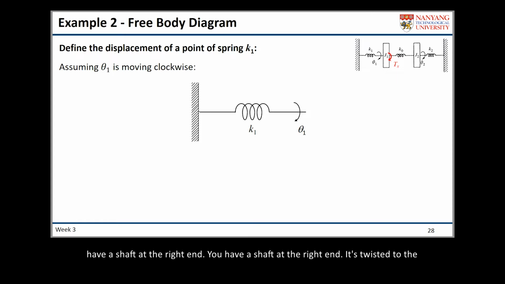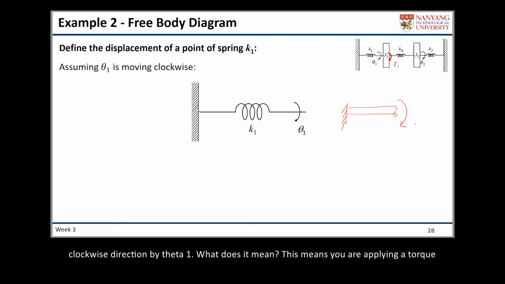Now imagine you have a shaft, and the right end is twisted in the clockwise direction by θ1. What does it mean? This means you are applying a torque to this shaft in the direction as follows.